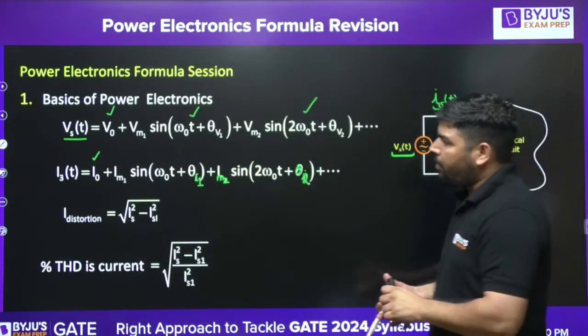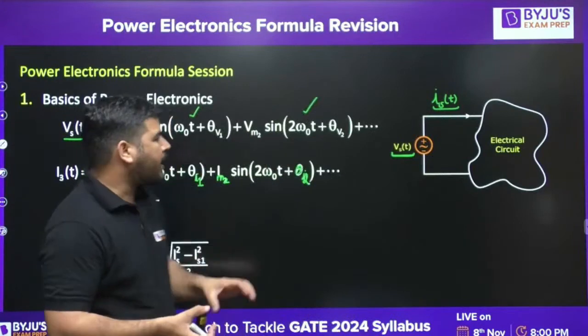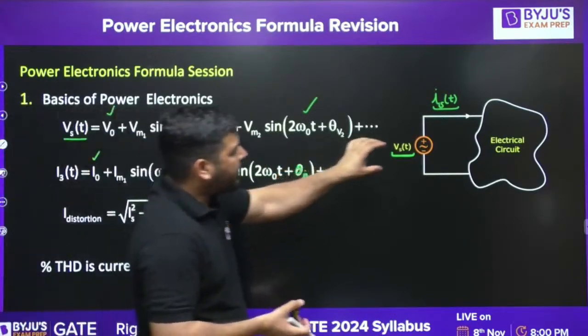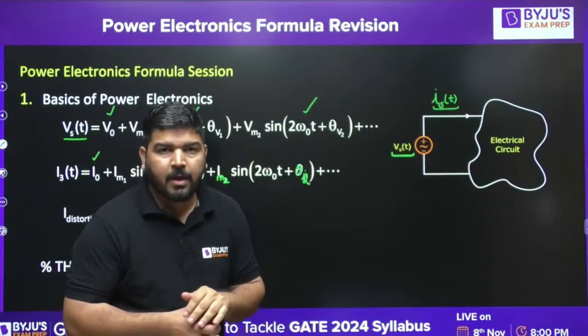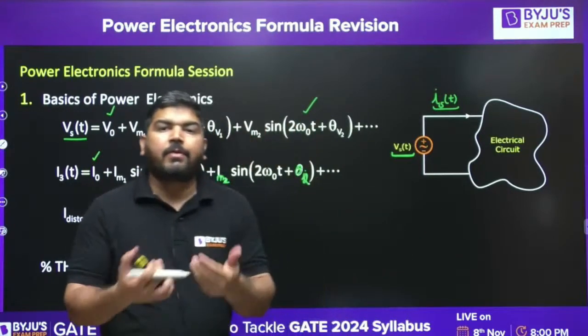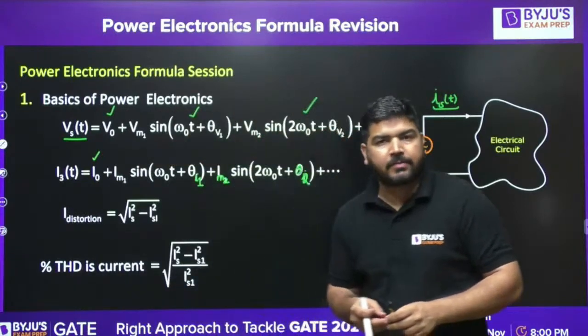Now, what we need to calculate is the active power: how much average power this source is going to deliver to this circuit. You should remember that formula. Active power or average power can be calculated using Parseval's relation.